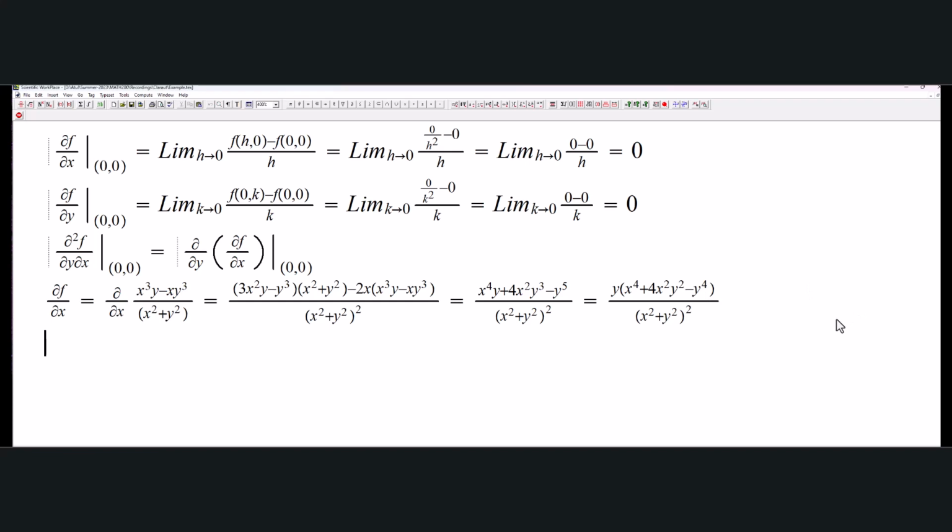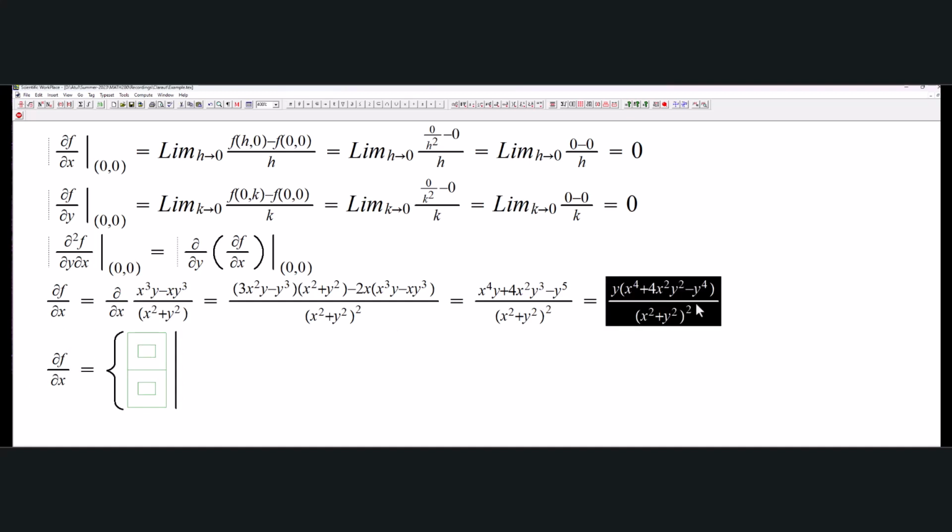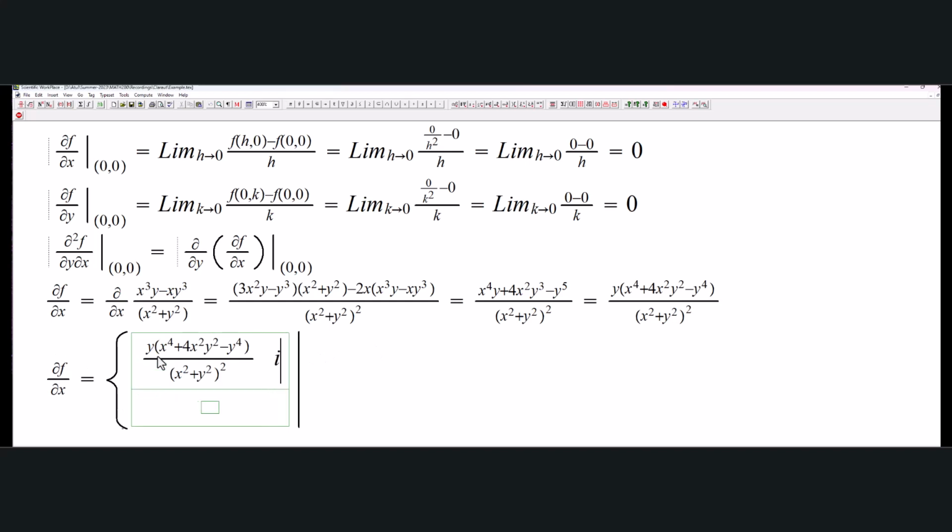So now we would write df dx as a function of x and y. So let's just do that, df dx is going to be this quantity, if xy is not equal to 0, 0.